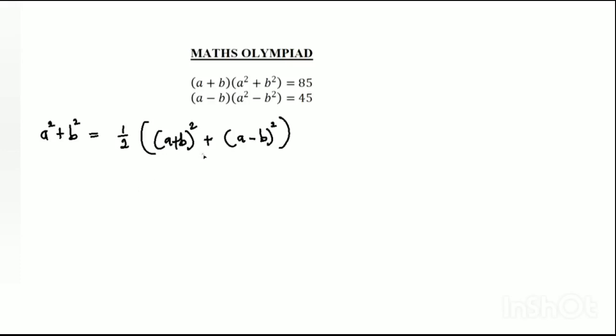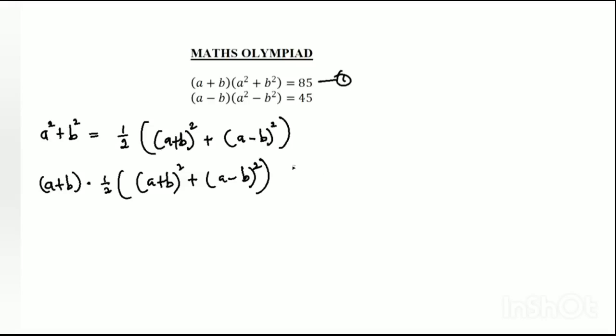So, let's rewrite the first equation. a squared plus b squared should be written as what we just have here, multiplying 1 over 2, (a plus b) all squared plus (a minus b) all squared, equal to 85.